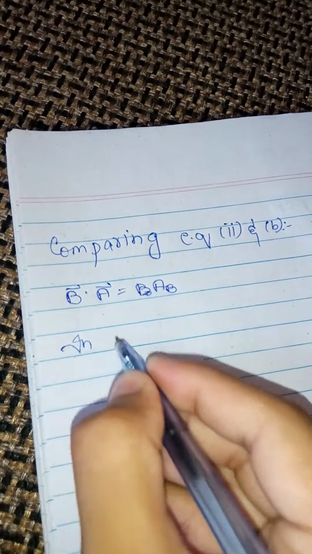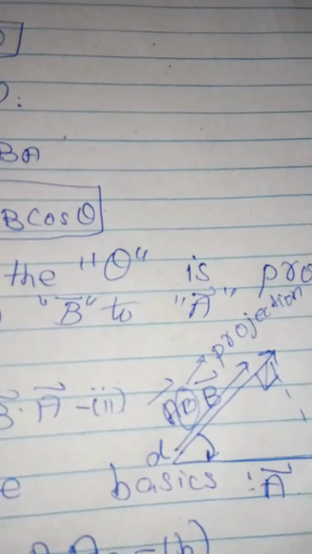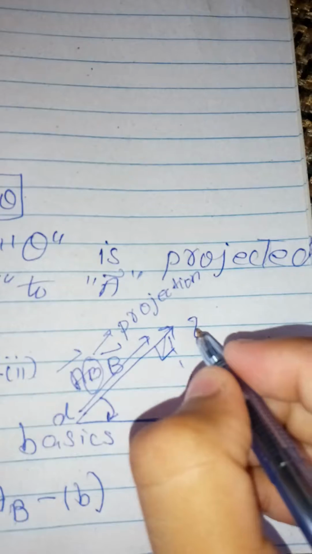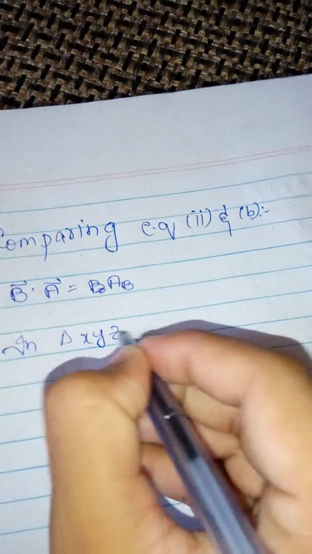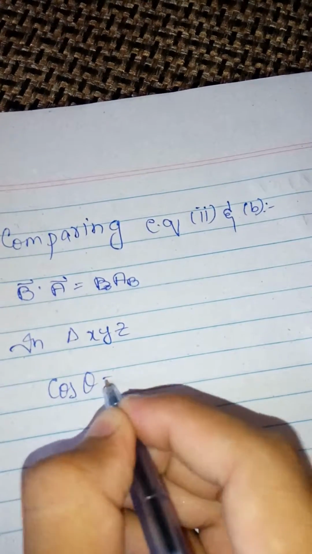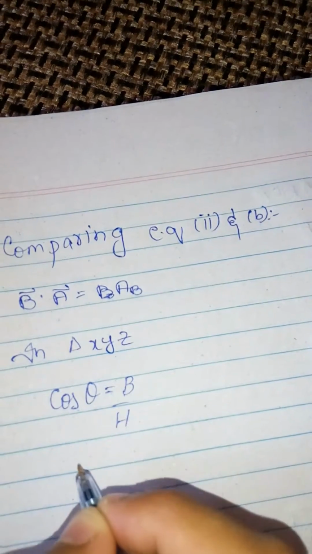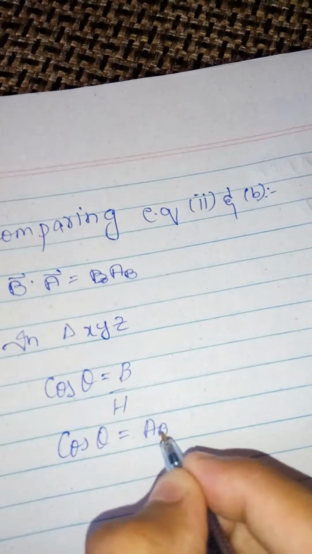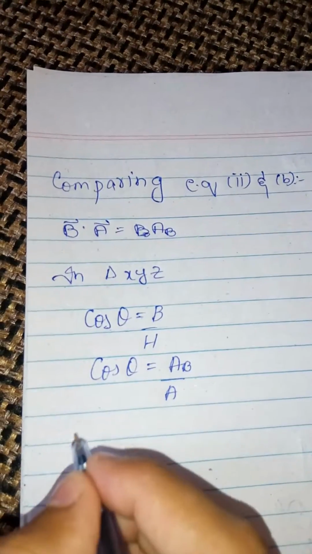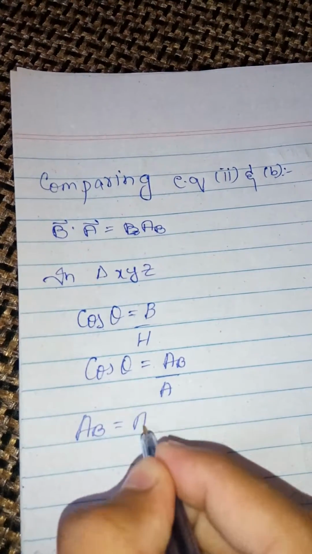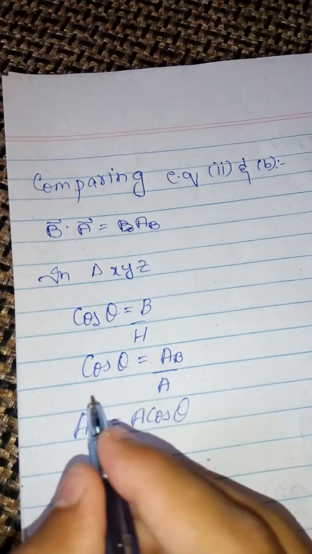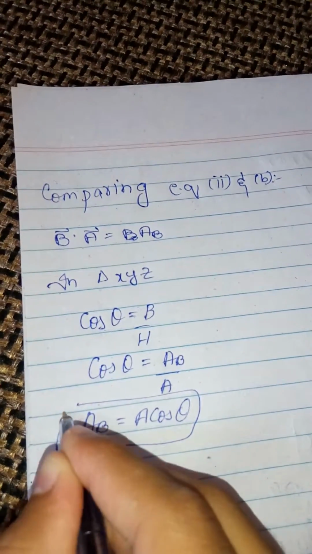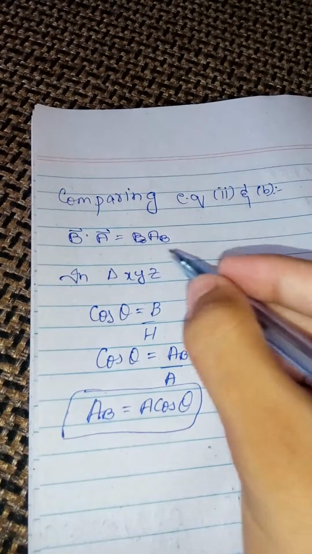Now in this triangle, we will name it X, Y and Z. In triangle XYZ, cos theta is equal to base upon hypotenuse. The base will be a_b and the hypotenuse will be a, so a_b is equal to a cos theta.